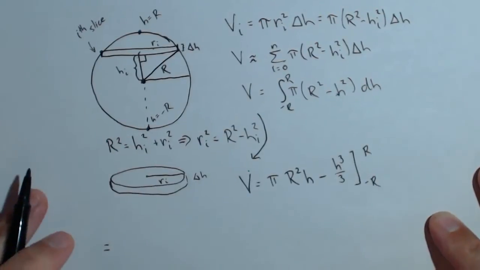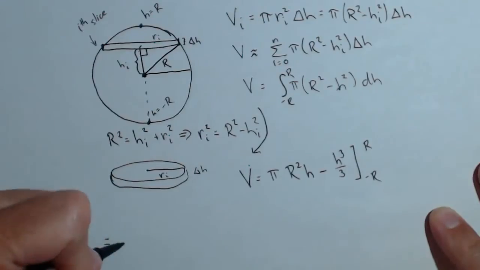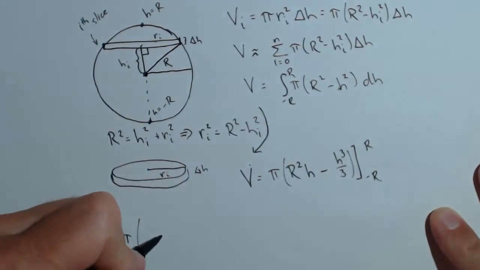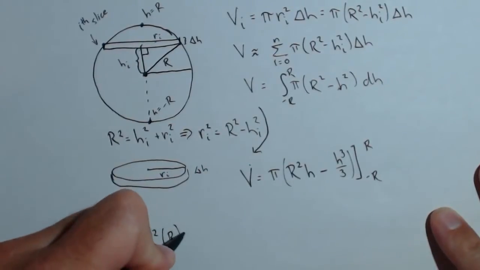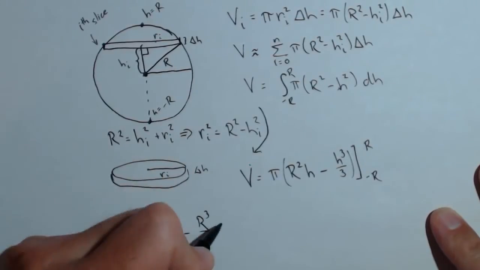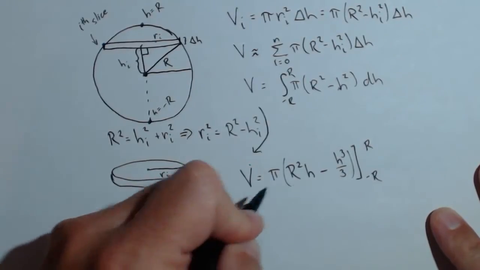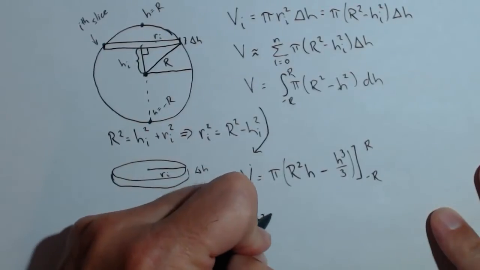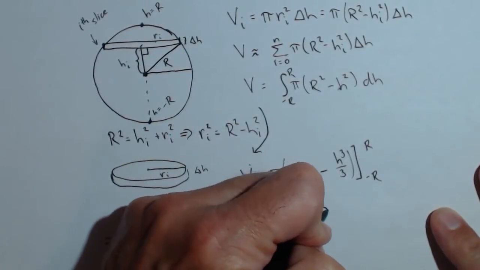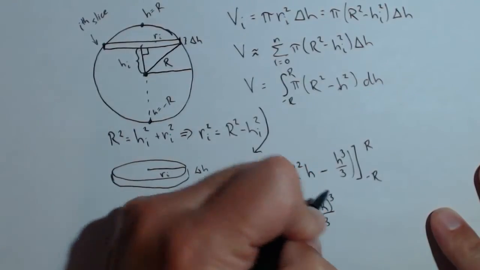So I'm going to come back here, give myself a little bit more room. And I've got pi times, probably should have this in parentheses there, r squared times r minus r cubed over 3, minus r squared times negative r minus negative r cubed over 3.